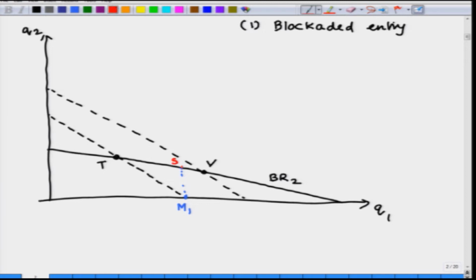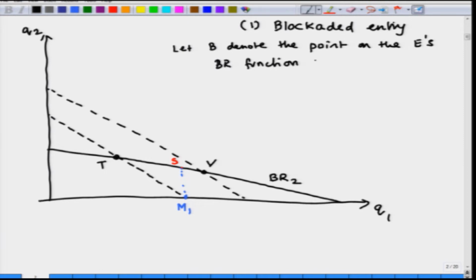Now, let B denote the point on the entrant's best response function where pi 2 becomes equal to 0. So, specifically consider a point B which is of the form BL.